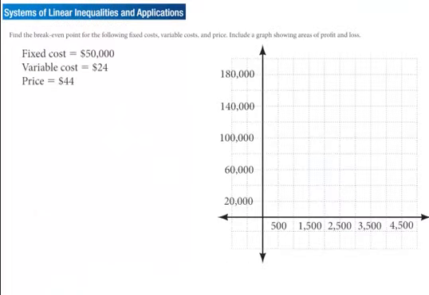Okay, let's look at one of these break-even and cost problems here. First, you have to kind of know what this means. When they say fixed cost, they mean that this is what it's going to cost you no matter what. So this is kind of like your startup cost. This is what it's going to cost you to make each item.